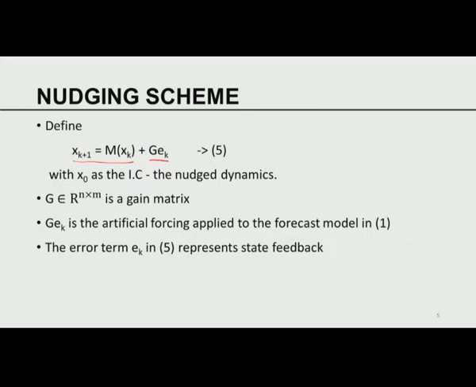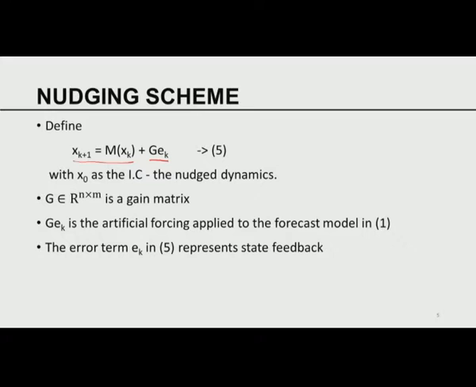Please remember, Ek is the forecast error, G is the matrix. So G times Ek is the forcing that is artificially added to the model. The forcing always makes the solution move towards a particular goal.